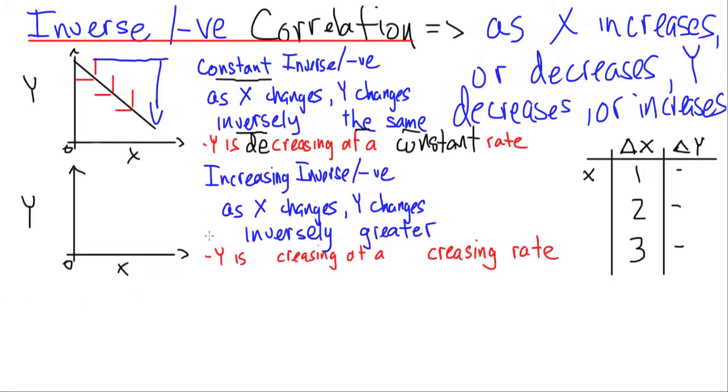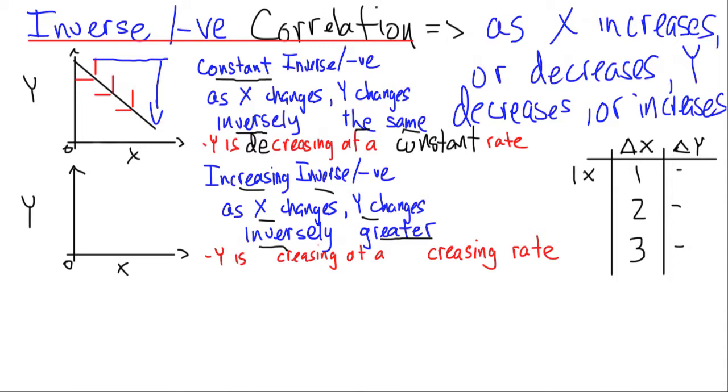Our second case is the increasing inverse or negative correlation. In this situation, as x changes, y changes inversely, but at a greater proportion. Previously, we had a one-to-one constant inverse correlation.